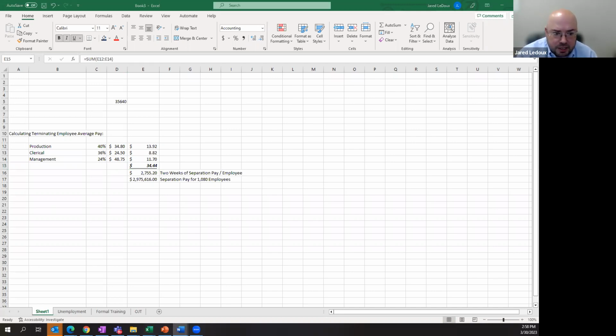So that's calculating the cost of the terminating employee's time. Then there's admin functions. It takes some time for us to process a termination, right? In this case, the text is telling us it takes 90 minutes per term. And it says the HR department is doing this.